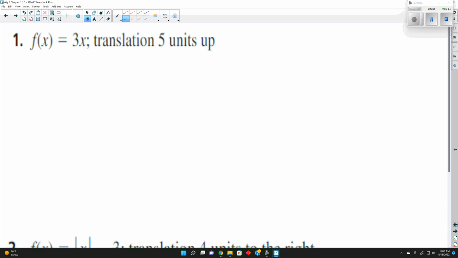So here, we're saying that f of x is 3x, and we want to translate it 5 units. It didn't give us a function to start with, so we can just call it g of x. With vertical translations, when we're moving up and down, we're talking about f of x plus k, because this is the way we describe a vertical translation.